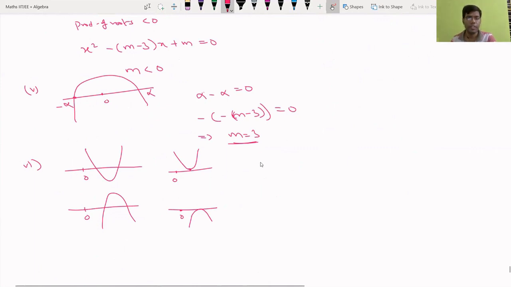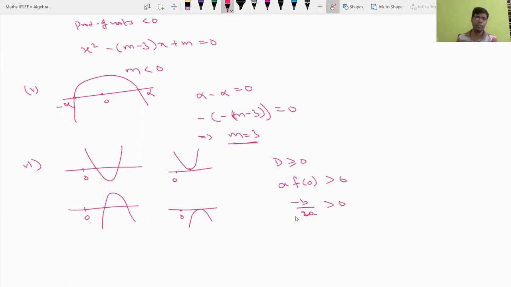So the conditions which I need to check in these cases are discriminant greater than equal to 0, the product of a multiplied with f of 0 should be greater than 0, and minus b by 2a should be greater than 0.